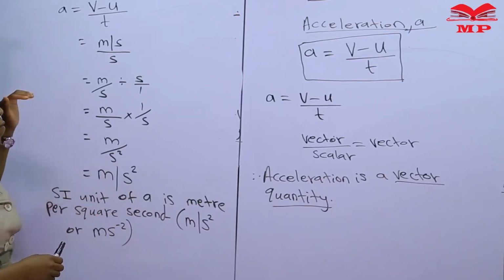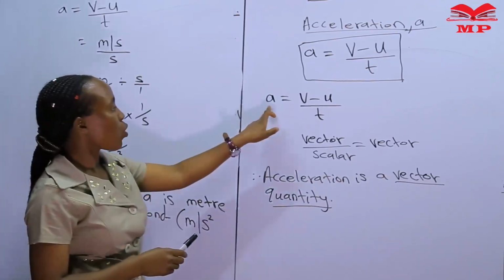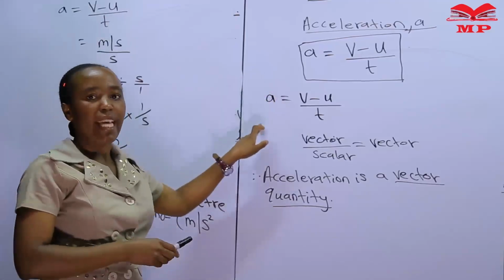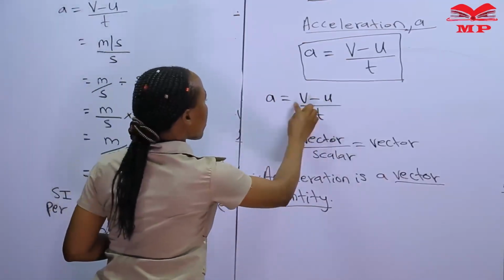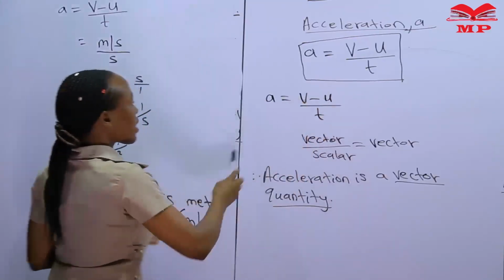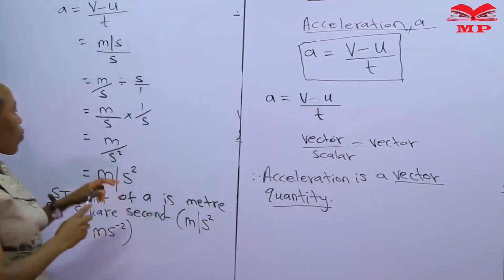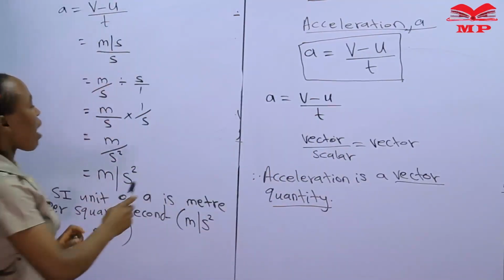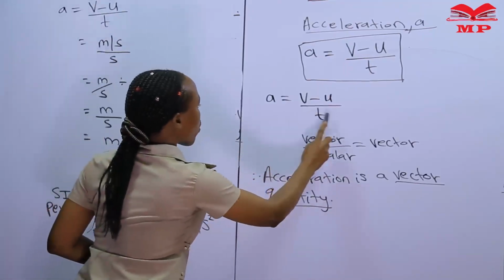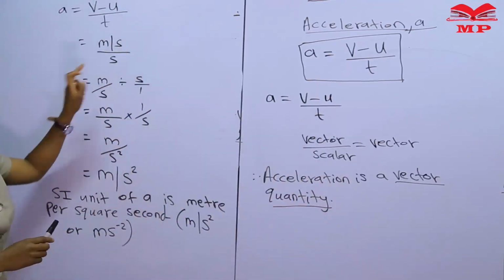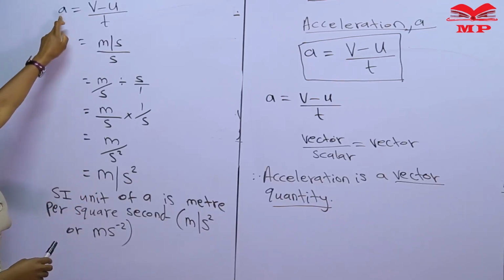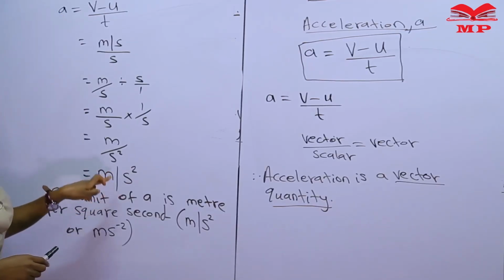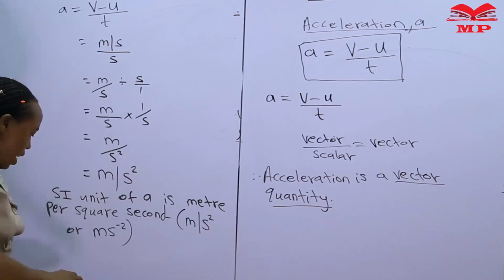So that's what we have for acceleration. And always note, whenever you want to get the SI unit and you have a formula, you need to get the SI unit for the numerator, that is the change in velocity, which is meters per second, and the SI unit of the denominator, that is time, which is seconds. When you divide, you get that the SI unit of acceleration is meters per square second.